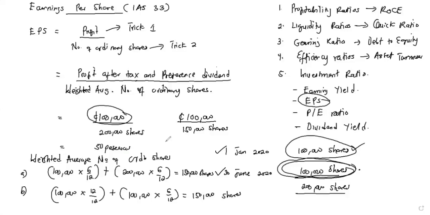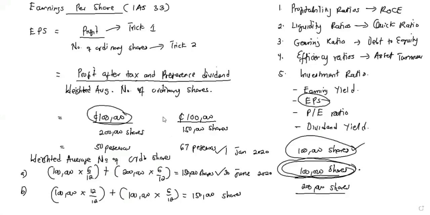So now check what you are getting in terms of the earnings per share. 66.67 pesos. So 67 pesos, right? Yes. Good.